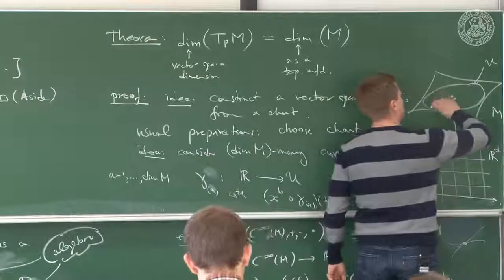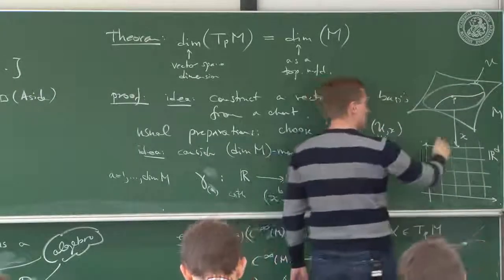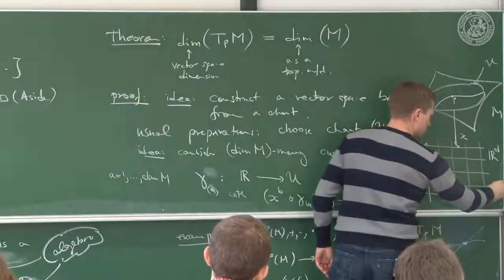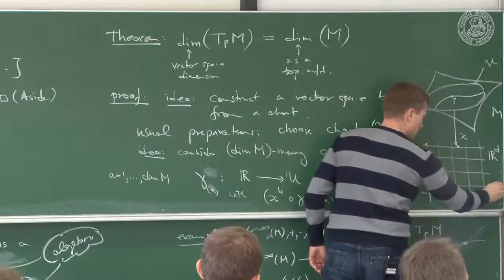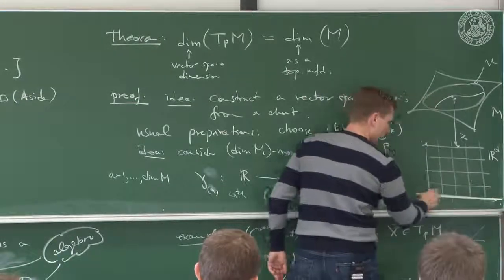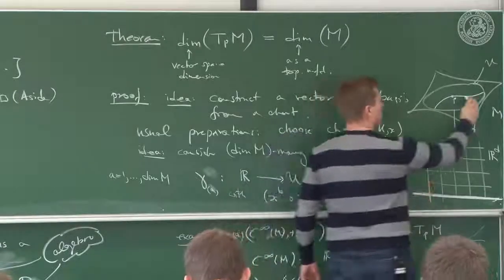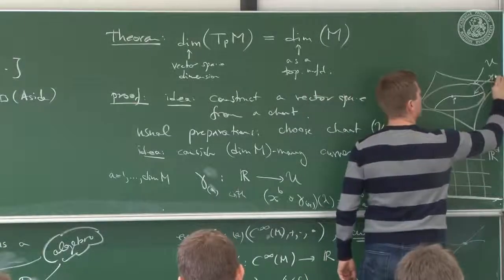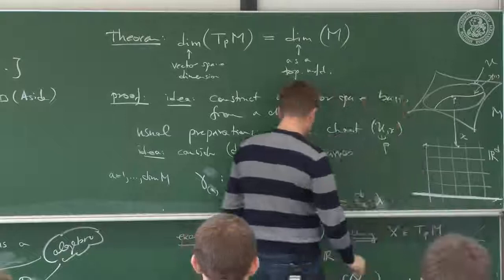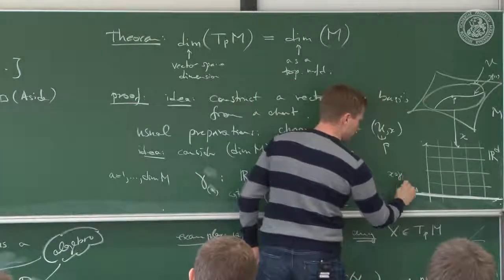So I chose a curve that up here may look like this, but down here looks like this. This would be the curve gamma 1, because this down here is x after gamma 1.